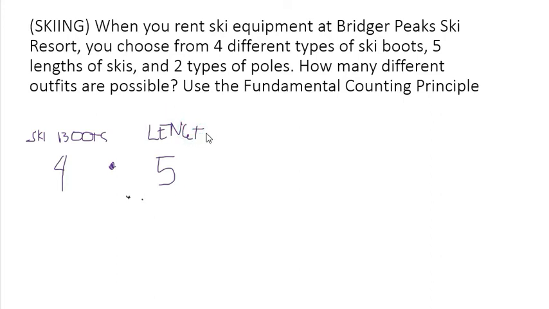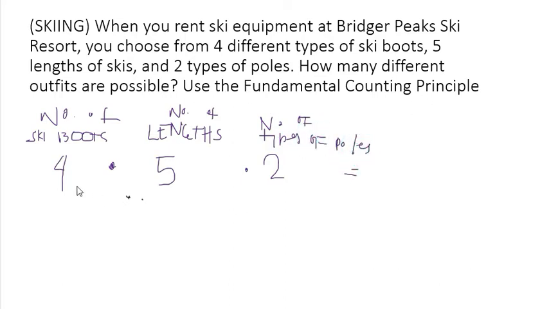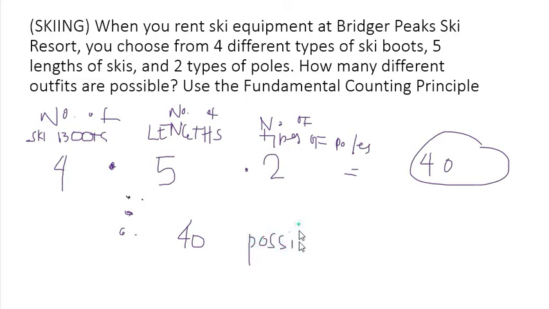And then times 2, which is the number of types of poles. Therefore, using the fundamental counting principle, 4 times 5 is 20, times 2 will make 40. So therefore, we will have 40 possible outfits.